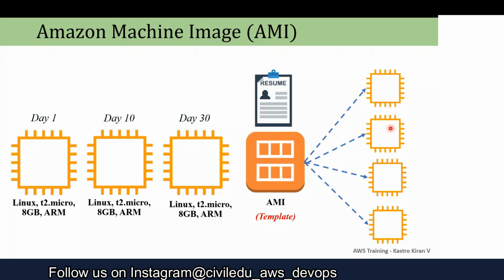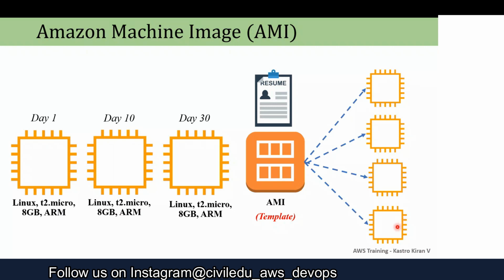Whatever configuration you have given in the AMI, the same configuration will be available in all these instances. So that's the entire concept of AMI. It basically acts as a template in order to launch our EC2 instances.